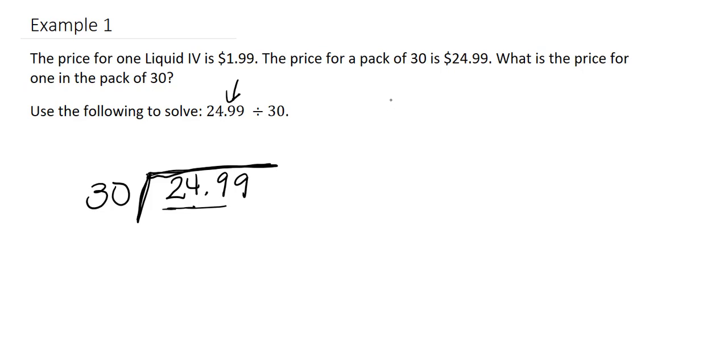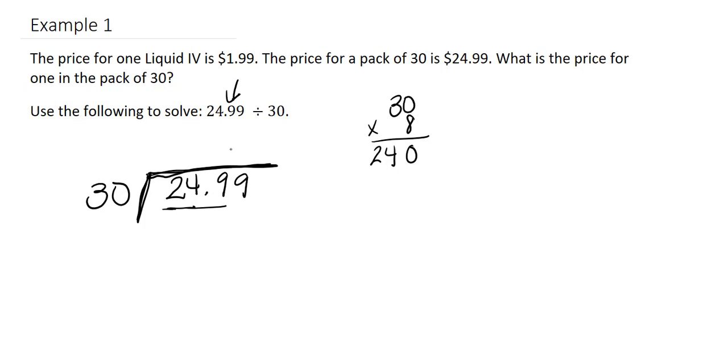Well, let's look at 30 times 8. 0 times 8 is 0. 8 times 3 is 24. That's really close to 249. I knew that 3 times 8 is 24, then we just have a 0, so 30 times 8 is 240. That was an estimate I did in my head.